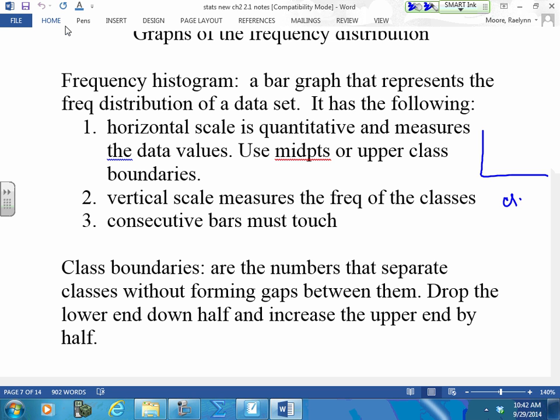We can either put the midpoint there, or we can put the upper class boundary here. If you look at the graph below it, on page 44, the one to the left, they put their midpoint. The one to the right, they put the upper class boundary.